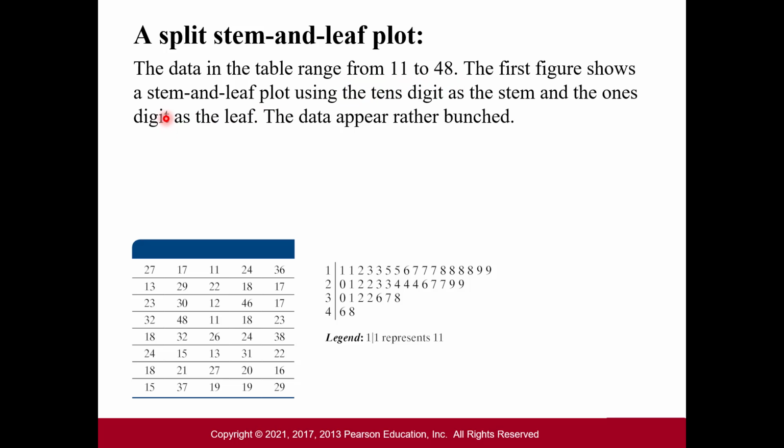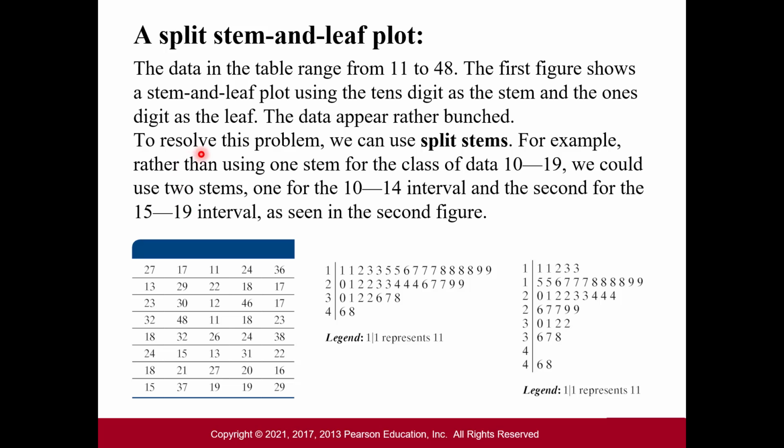The first figure shows a stem and leaf plot using the tens digit as the stem and the ones digit as the leaf. And the data appears rather bunched. Notice we only go from 11 to 48, so the stems only go 1 to 4, and there are a lot of values for the leaves. So it's a little convoluted there.